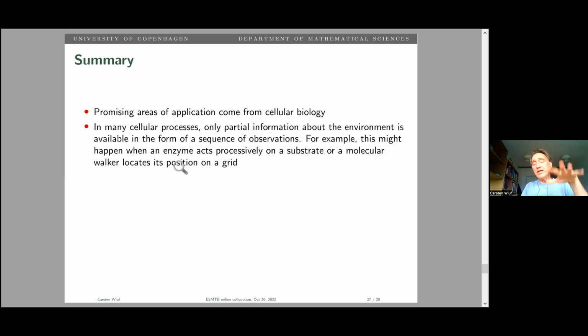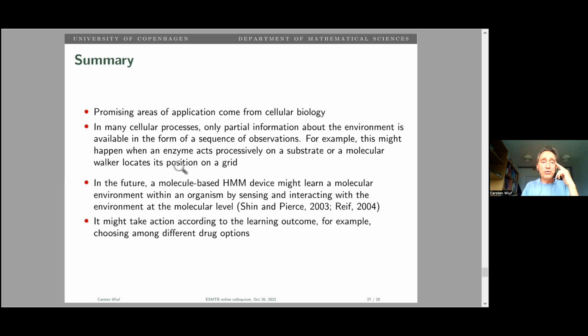So one could imagine many examples where this would fit. And as already mentioned in my little cartoon, one might in the future imagine a molecule-based hidden Markov model implemented as a molecular machine that would learn the environment in an organism and take action accordingly.